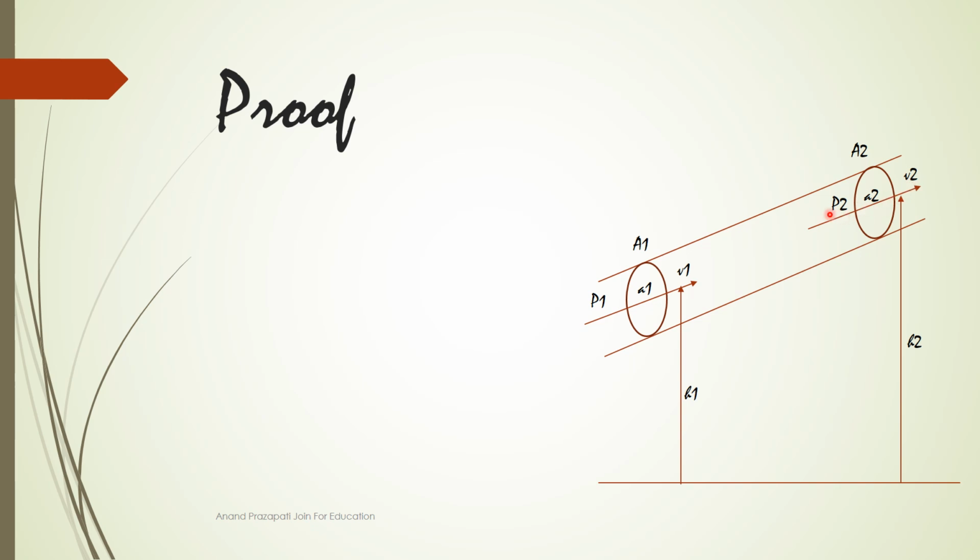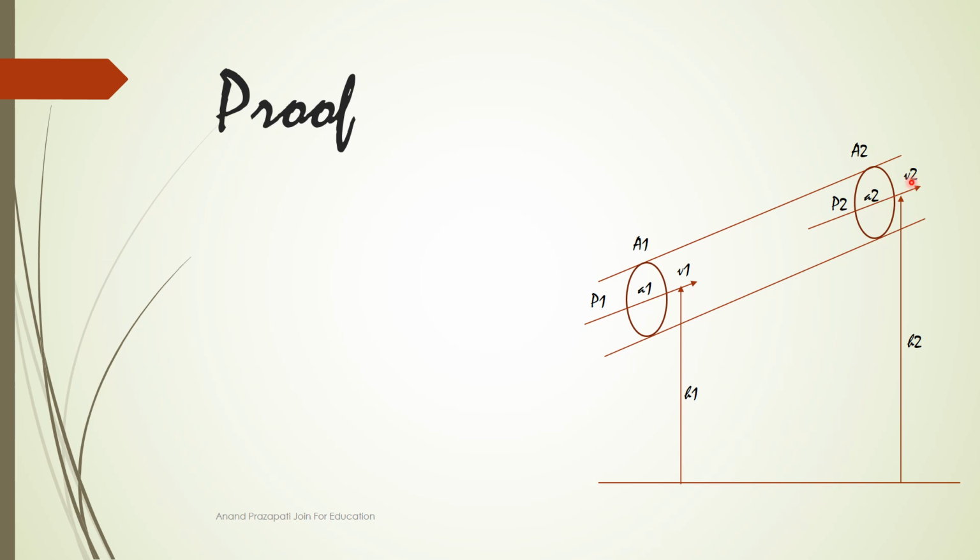Once again, I repeat here, pressure equals force per unit area, it means F by A. So F by A multiplied by this area A2, and here will be V2. Then area A2 cancels out, and we get force and V2 velocity.